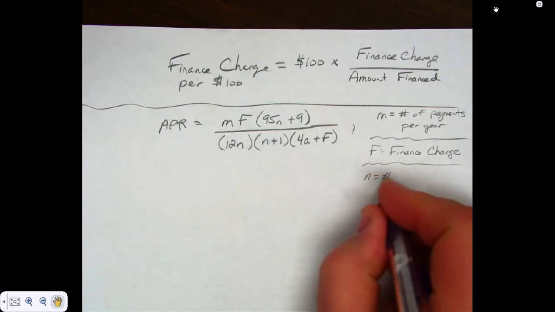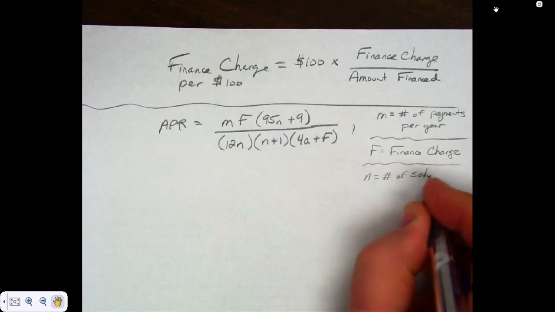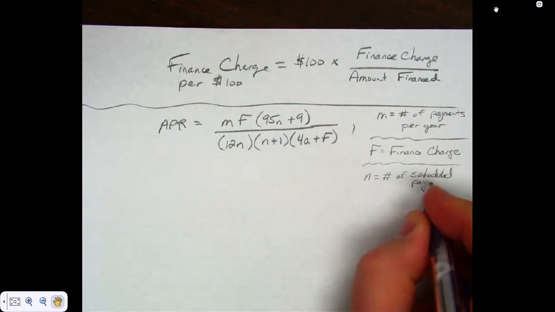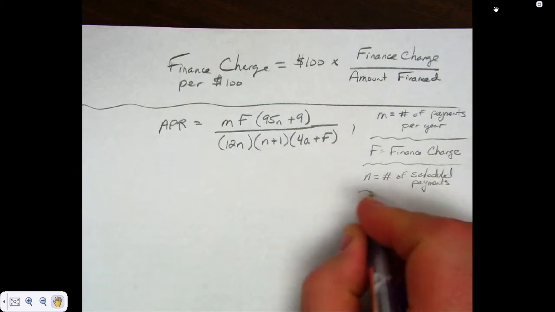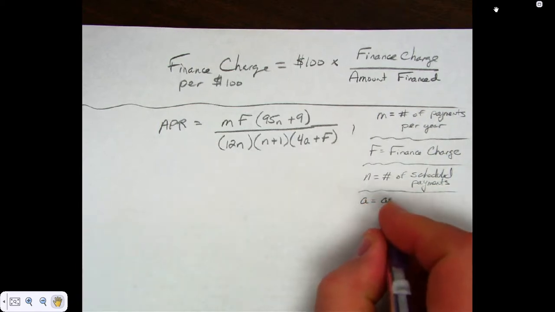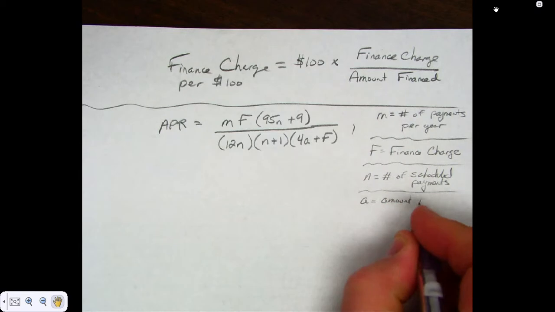N is equal to the number of scheduled payments. A is equal to the amount financed.